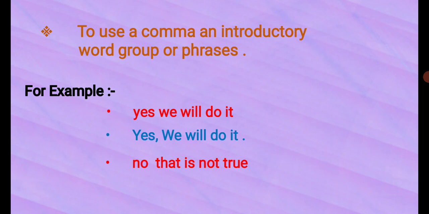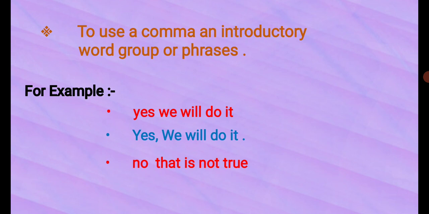So we have to just hold for a while when speaking, when there is a comma in the sentence, and at that time if we want to narrate this sentence, we have to stop for a while. No, that is not true.